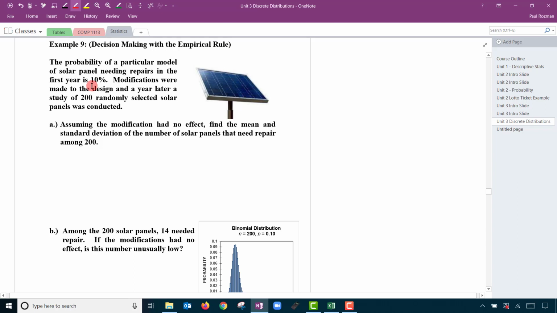So we come up with a whole new design for these things. We spend lots of money changing the solar panels. We reconfigure the plant, and we hire new employees. And after a year, we'll know if we made any improvement or not. So after modifying these things, after the new design, we wait a year and we see how many we had to fix in that year.